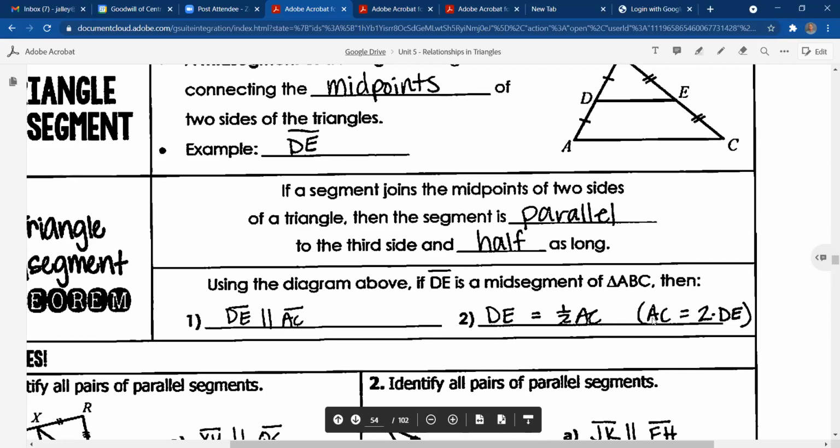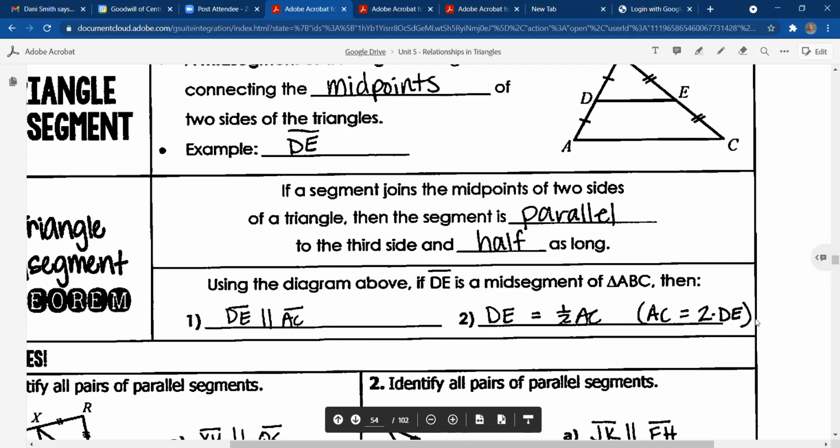And then they write this equation in two different ways. So segment DE equals 1/2 of AC. So your mid-segment line is half of the base, half of the opposite side. Why would they write it this way?